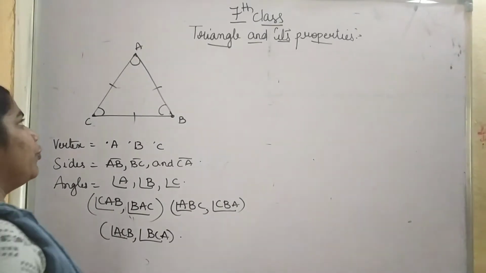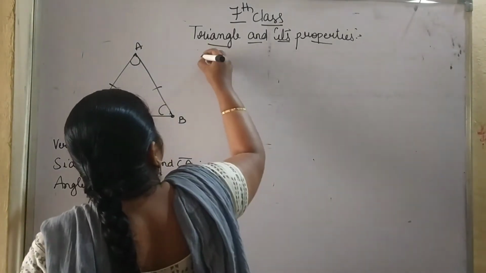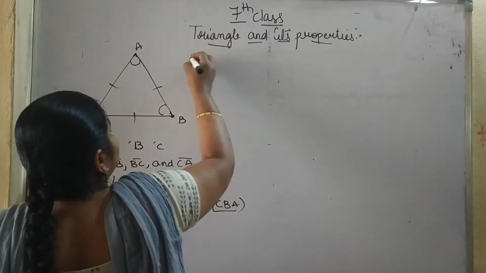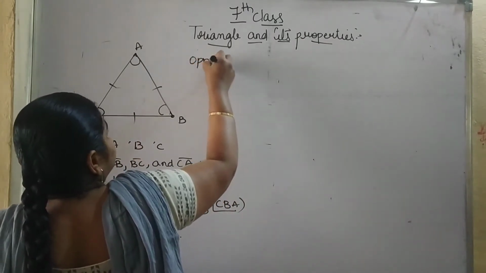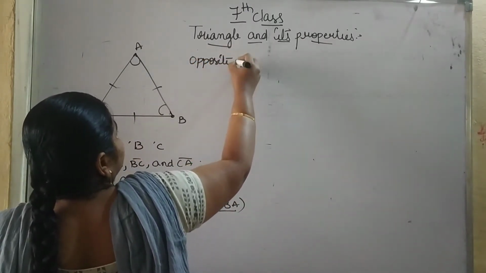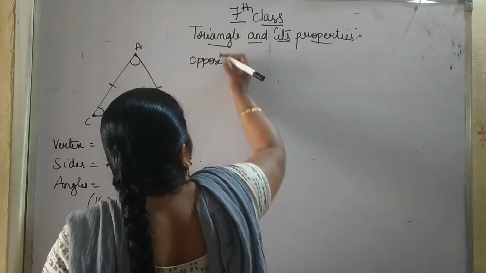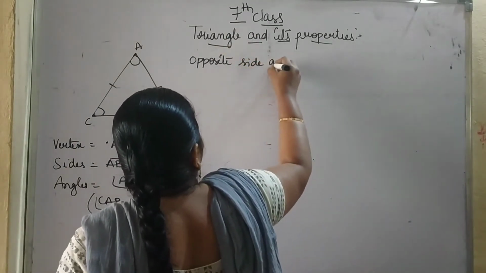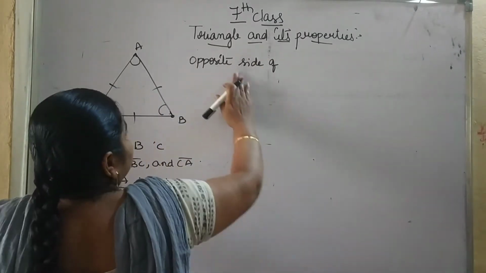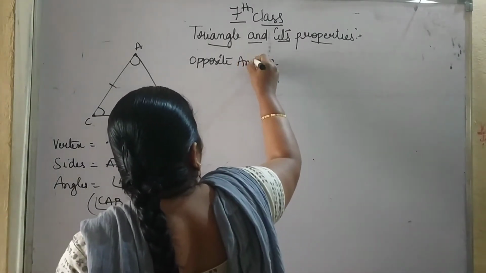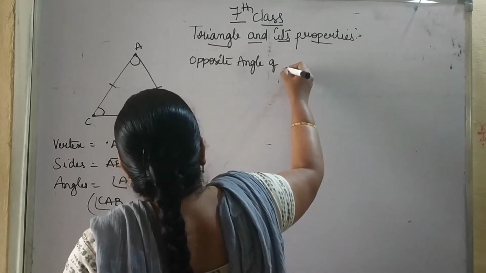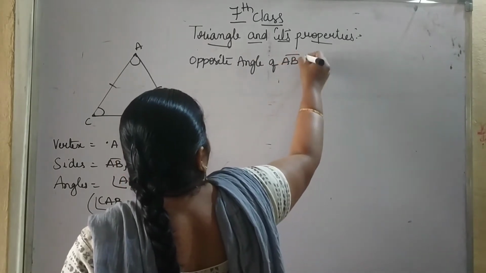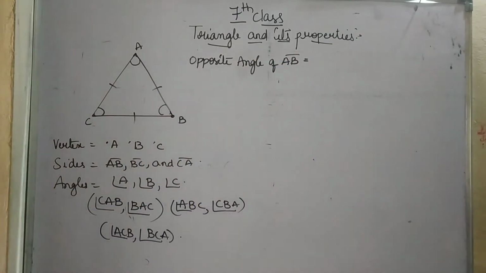Now we will see the opposite sides and angles. What is the opposite angle of the AB line segment?